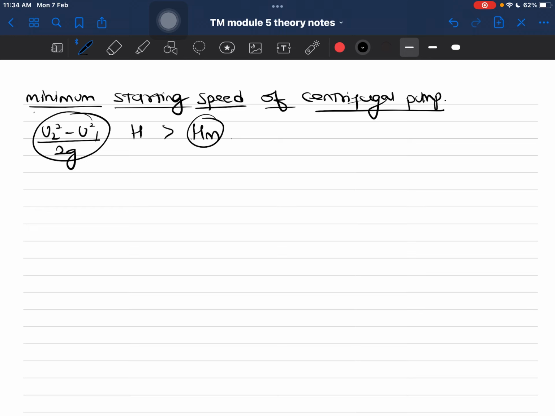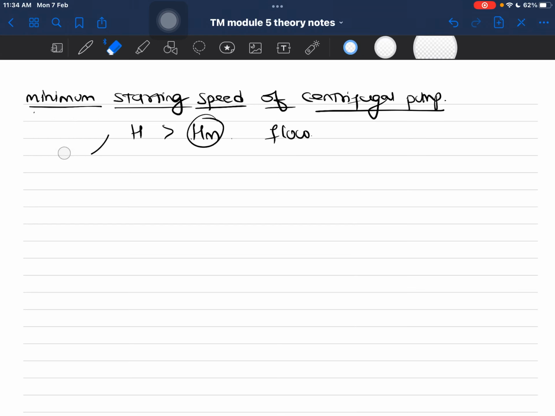So if the overall head of a pump is greater than the manometric head, then only the flow is possible. If the head produced by the pump is less than the manometric head, then the flow is not possible. You have to note that aspect as well.